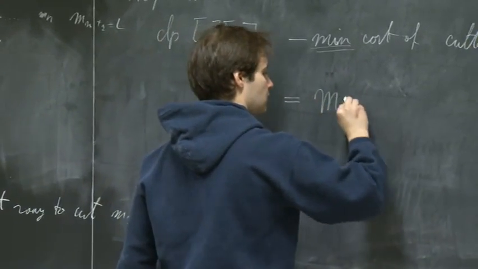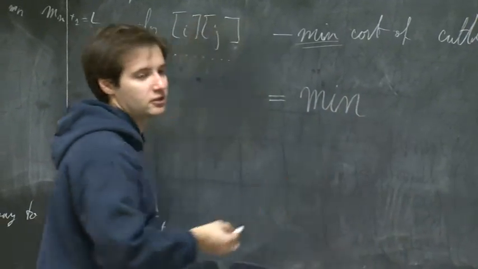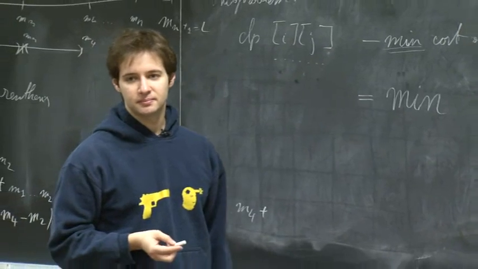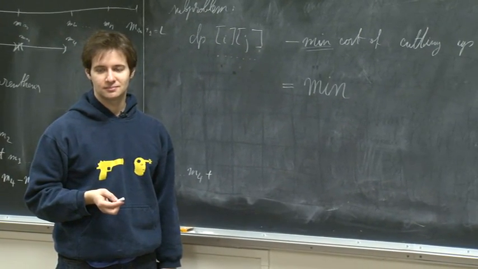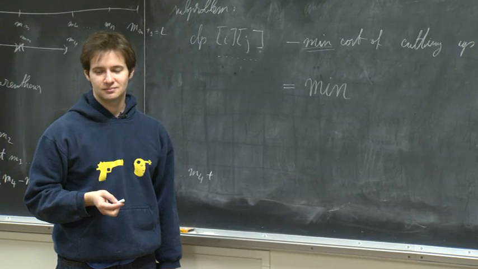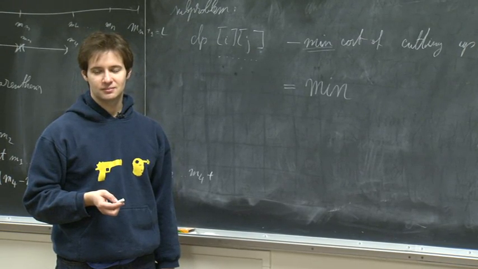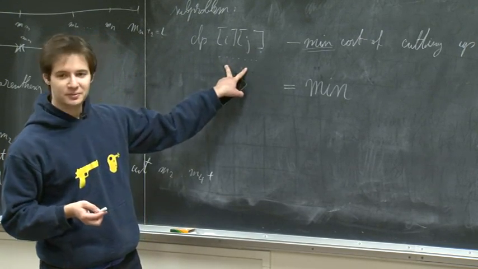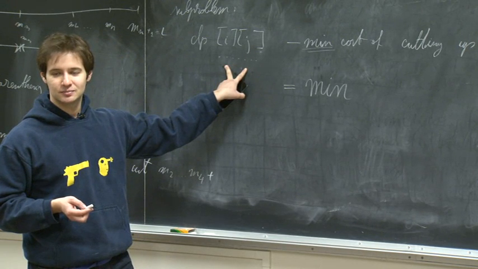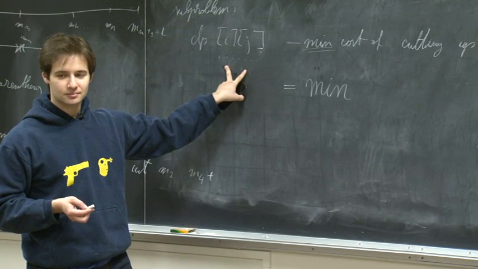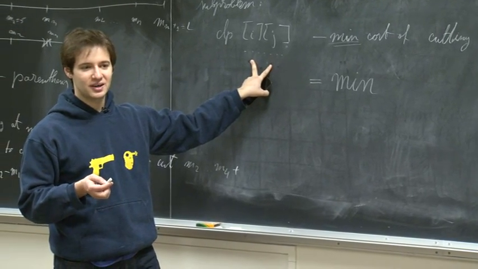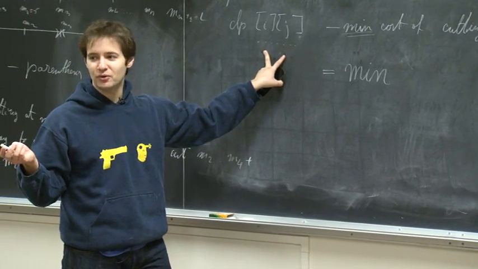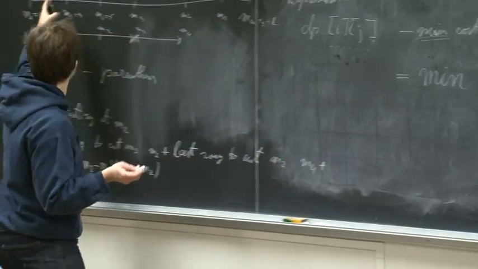So it's minimum, and I'm going to iterate over something. dp of I, j, and then you're looking through k. There's a k, right? I need a new variable for where I'm going to cut up.